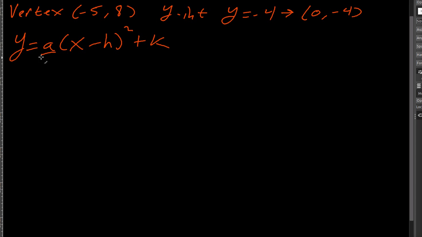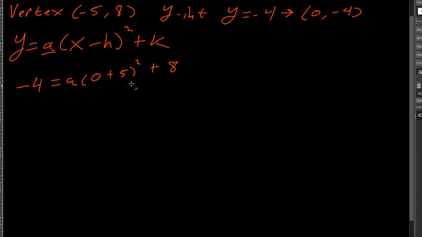So from there, I can fill in all the information I know. I know that this equals -4. I don't know what a is. I know that this is occurring at 0 because it's the y-intercept. And we have a -5 here, so that's going to make it positive, squared, plus 8, right?